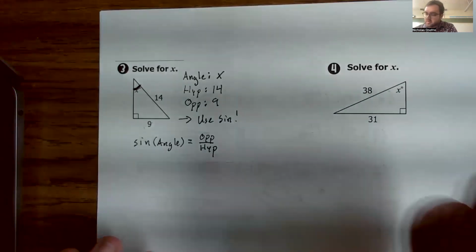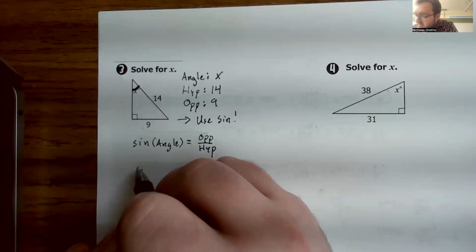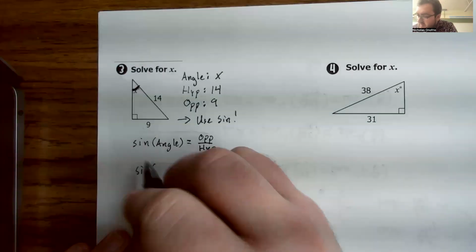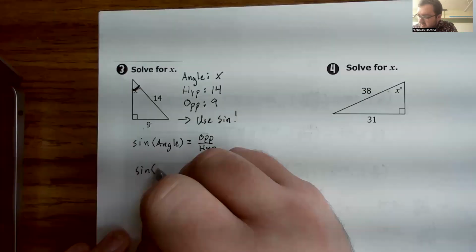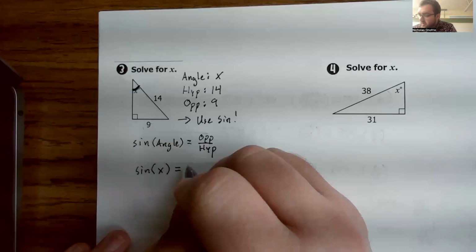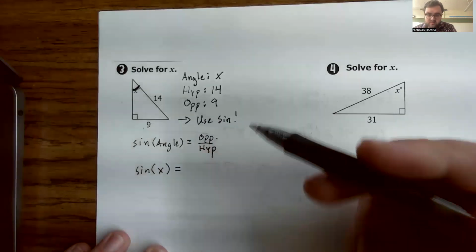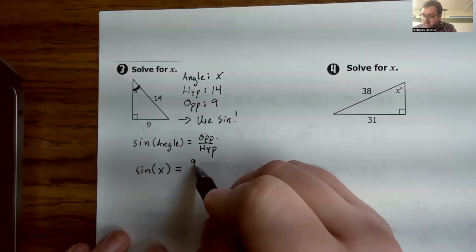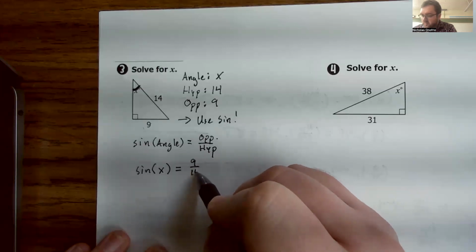Fantastic. Let's plug in our values. Sine of our angle x equals our opposite side, 9, over the hypotenuse, 14. We'll have 9 over 14.